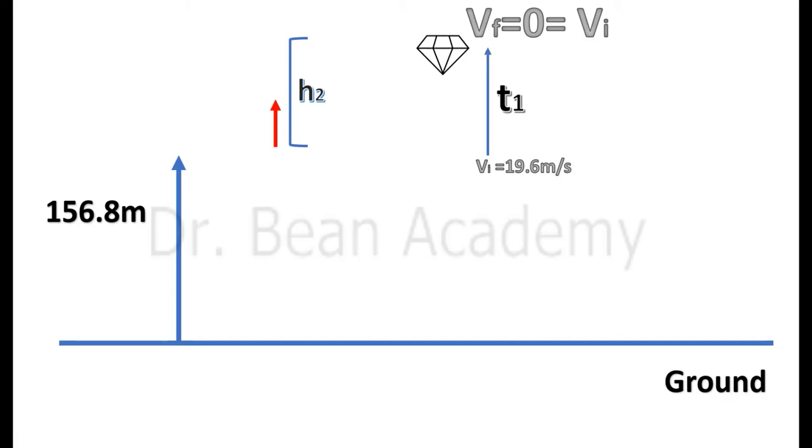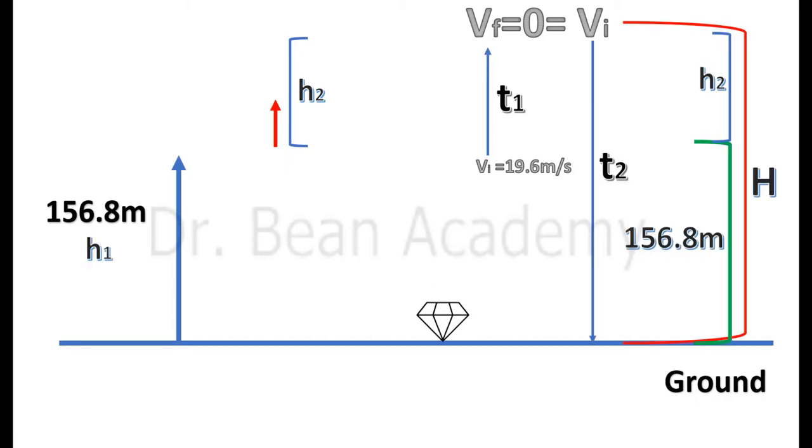Then it will start falling to the ground. So we can split the problem into two sections. One is the upward motion, and we are only concerned with the upward motion which started from the height of 156.8 meters, because it was freed at that point.